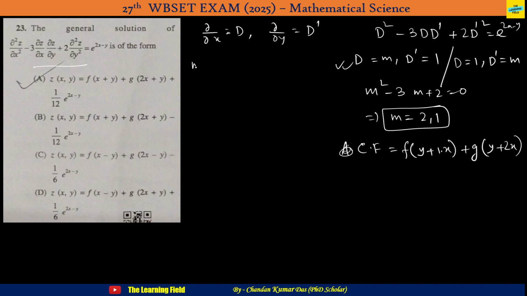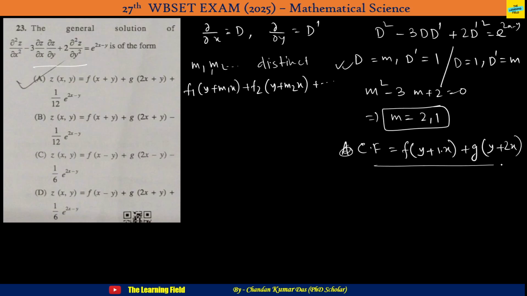The standard form is: if m1 and m2 are the distinct roots of this auxiliary equation, then the complementary function is f1 of y plus m1x plus f2 of y plus m2x. So this is the CF.